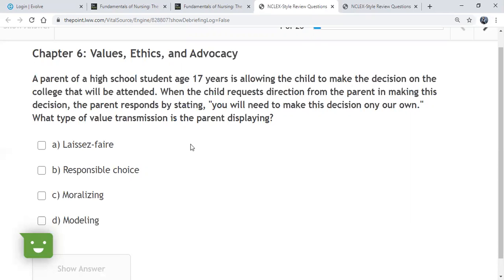When the child requests direction from the parent in making this decision, the parent responds by stating, "You will need to make this decision on your own." Which type of value transmission is the parent displaying? I think it's A.